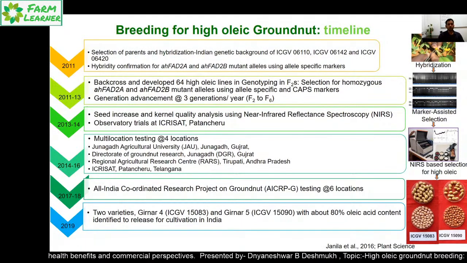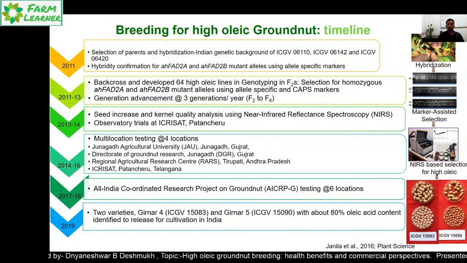These were the three parents selected for the conversion of low oleic Indian cultivars to high oleic Indian cultivars. So 6110 is bold type, 6142 was also bold type, and 06420 was a high oil variety. That's how the initiation of high oleic groundnut started at ICRISAT back in 2011.